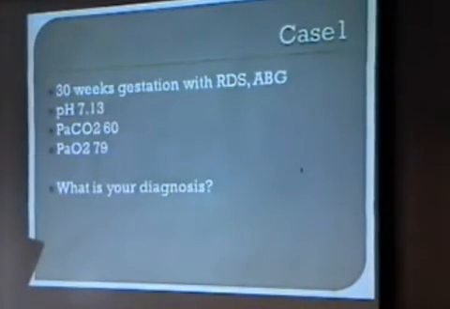Add 0.16 to this number, it will be 7.29. Still low, which means there's a metabolic component. There's only respiratory and metabolic, there's nothing else. Metabolic can be hundreds of different things, but it's either respiratory or metabolic. So we decided that this is combined respiratory and metabolic acidosis just by looking at pH and PCO2.